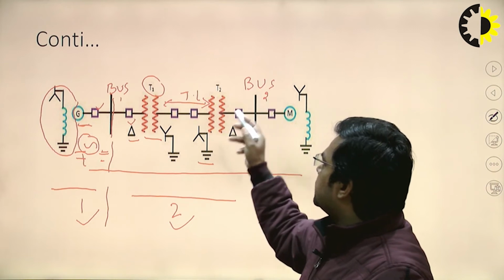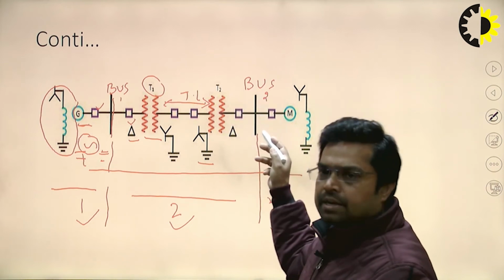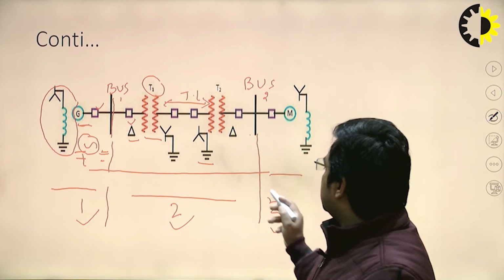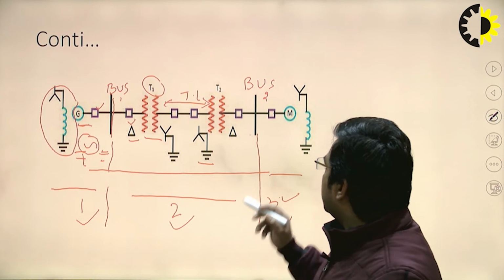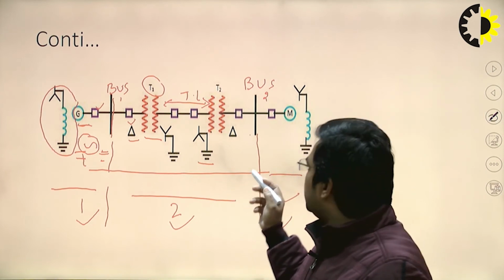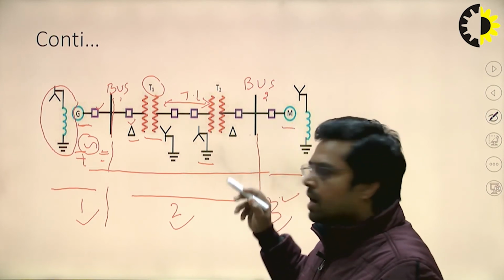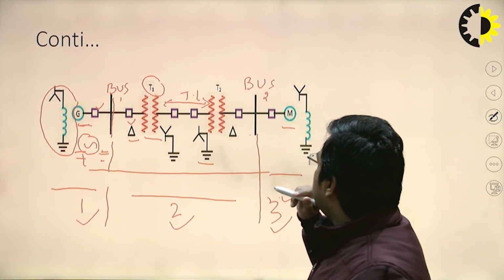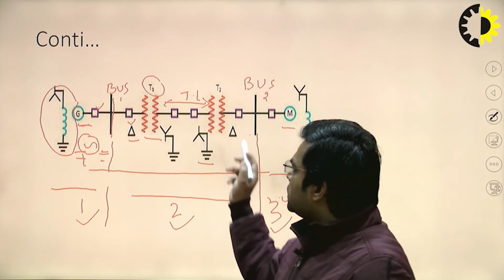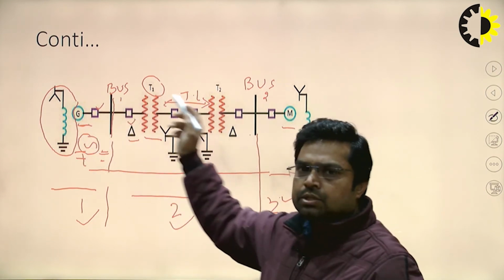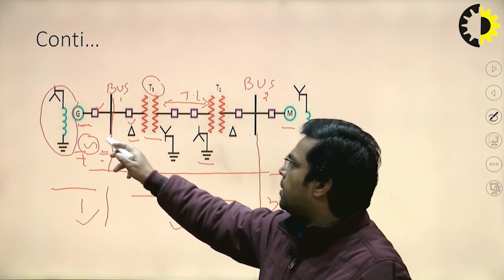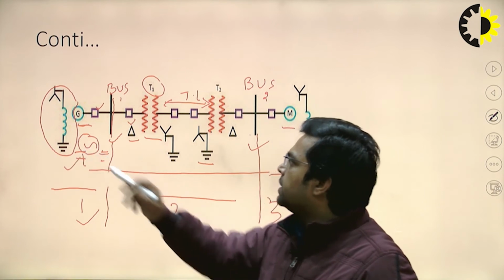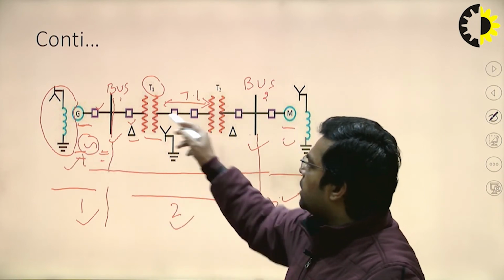Then transformer 2 is directly connected to bus number 2, and bus number 2 is connected to the distribution end. In the distribution end there is a motor, and this motor is grounded through a star reactance grounding. So this is the simple representation of any power system having a two bus system. It has one generator, one motor, one transmission line.